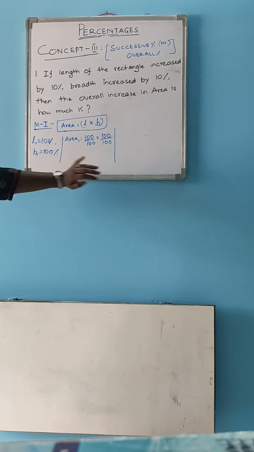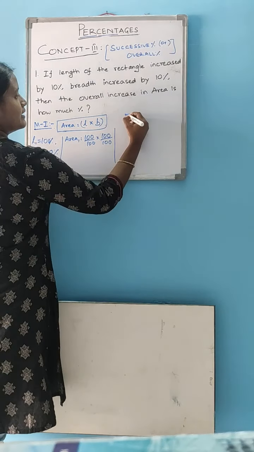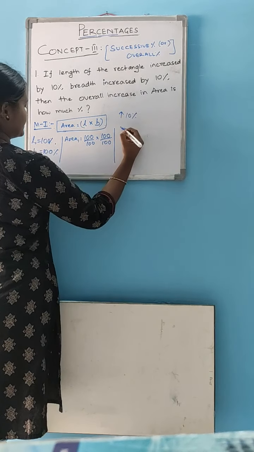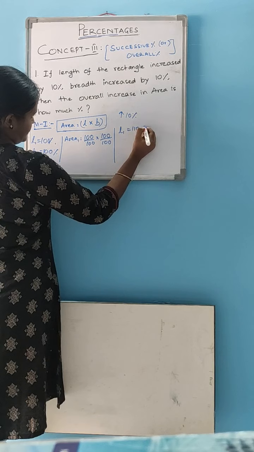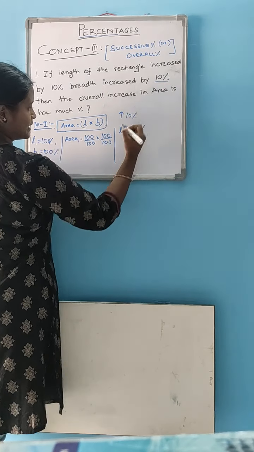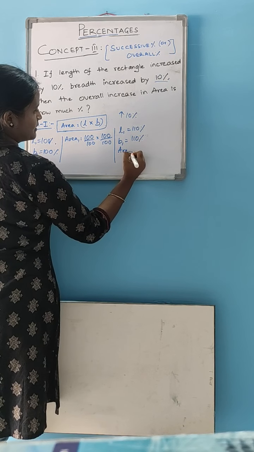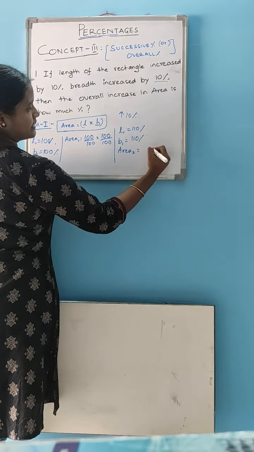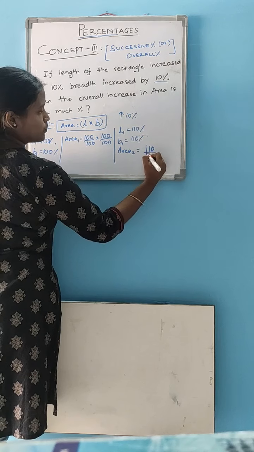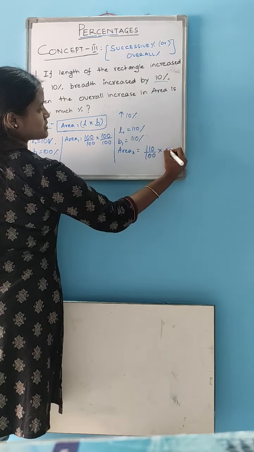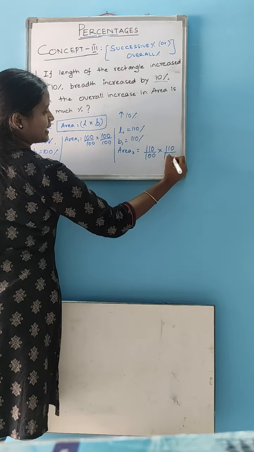Now we will write the increased values. See, length increased by 10%, that means 110%. And breadth also increased by 10%, so it is also 110%. So the area A2 is equal to 110 by 100 into 110 by 100.